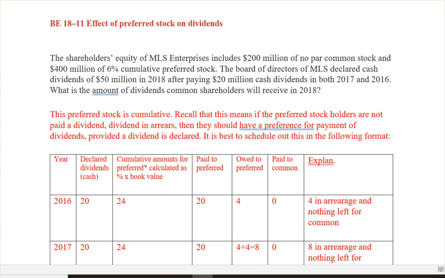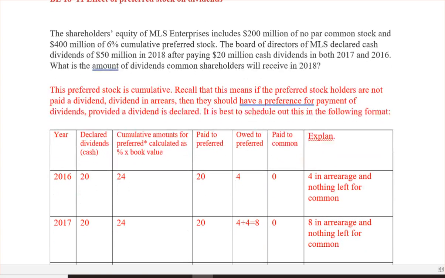So the preferred stock is cumulative in this case, so if they're not paid a dividend, they get a dividend in arrears, and they have a preference for payment of dividends, provided that a dividend is declared, and their preference is over the common stockholders. And there's no statement anywhere that says what common stockholders should be paid. Again, if you want to keep your stock price up for your common shares and you pay dividends sometimes, you would probably want to be consistent in how you do it because the market builds that in.